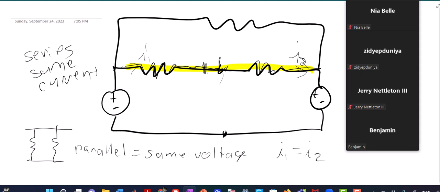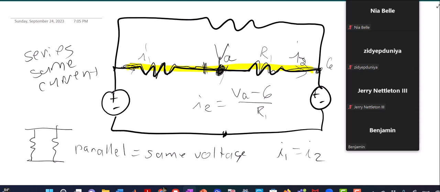It's perfectly reasonable to say, if I have VA here, and this voltage is whatever it is, I can say that I2 equals VA minus 6 over whatever this resistor is, R1.